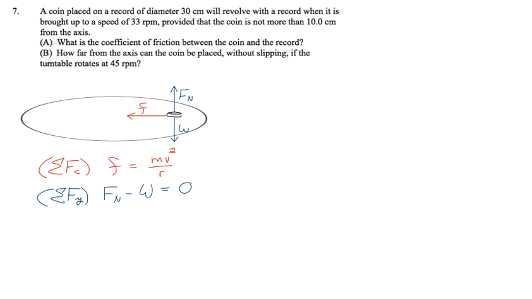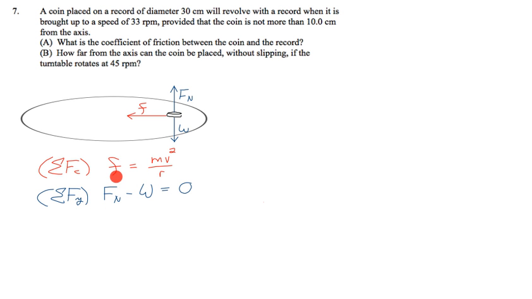So once you have that, if the normal force equals the weight, what does the weight equal? What does W equal? Well, it equals that, but what else does it equal? Mg. So if the normal force equals the weight, and the weight equals mg, then the normal force can be replaced with mg.